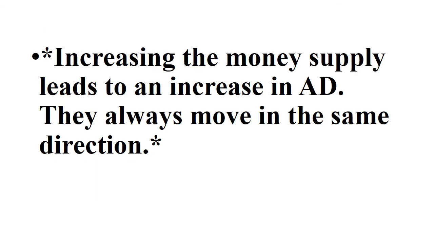Here we have the rule we keep discussing. Increasing the money supply leads to an increase in AD. They always move in the same direction. So this means that expansionary monetary policy will lead to a right shift of AD. It does not mean that we're going to have expansionary monetary leading to expansionary fiscal.